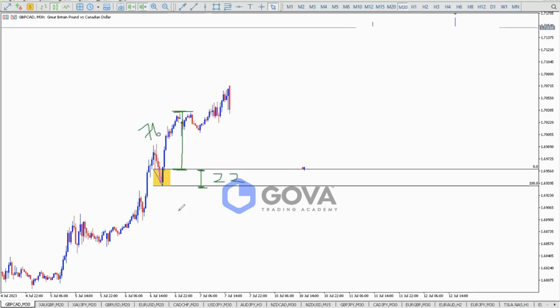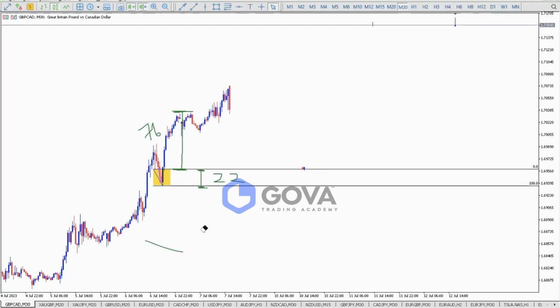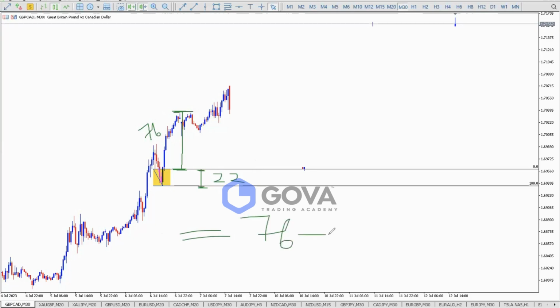So what about risk management? How do we know the risk management? After you determine the pips here and here, the next thing you need to do is divide these two figures, which means 76 divided by 22.